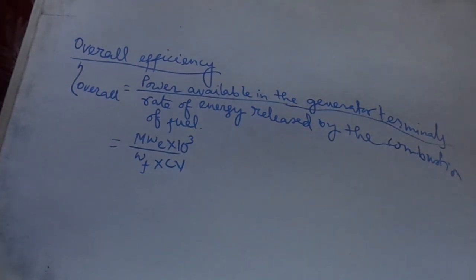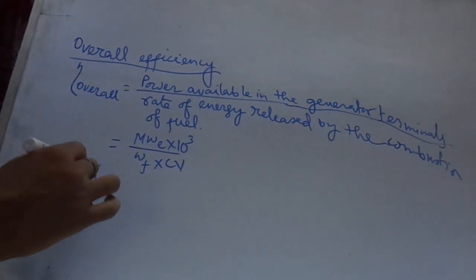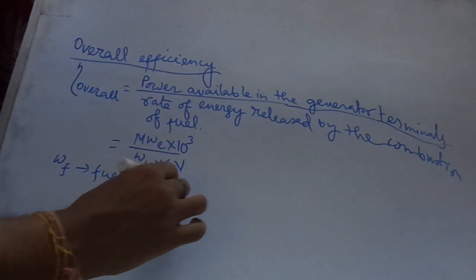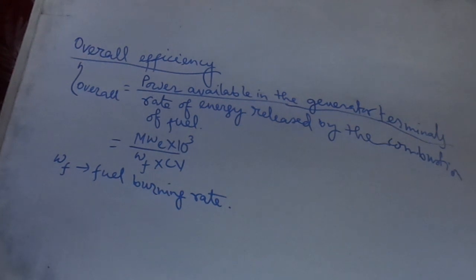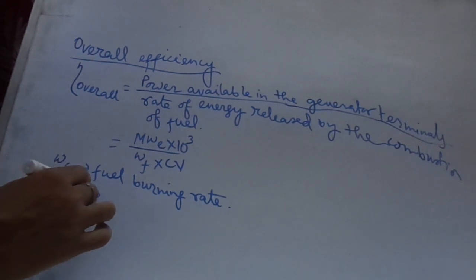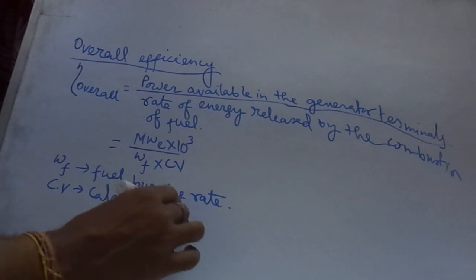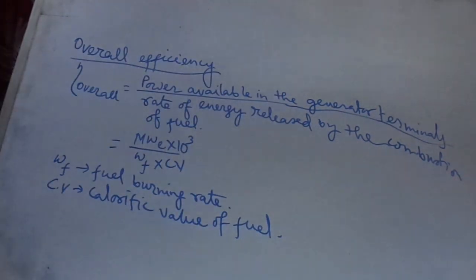WF is the fuel burning rate, and CV is the calorific value of the fuel.